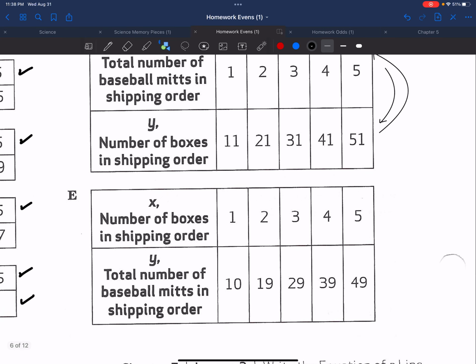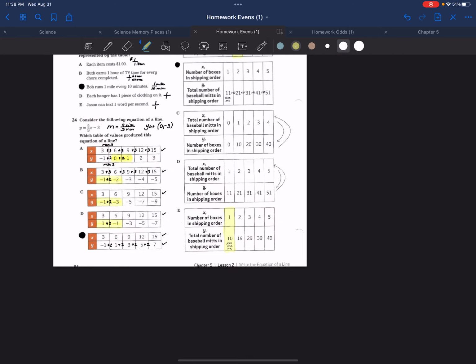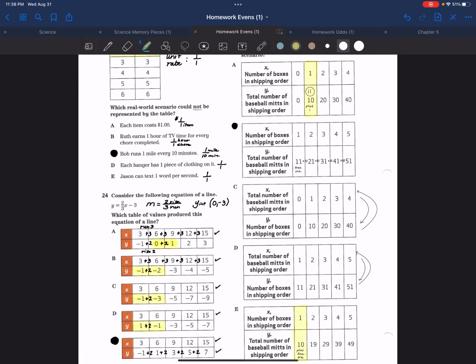X number of boxes, Y total number of mitts. 1 box, 10 mitts, we're not accounting for the free one, plus a free one. So there's a violation. So the answer that we want is B, as in boy.